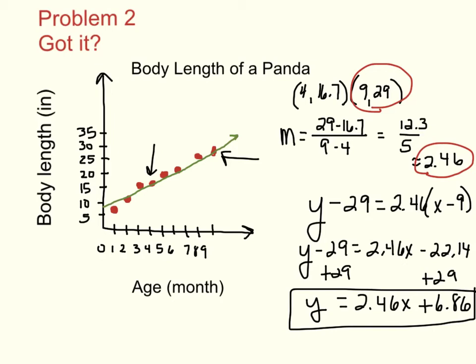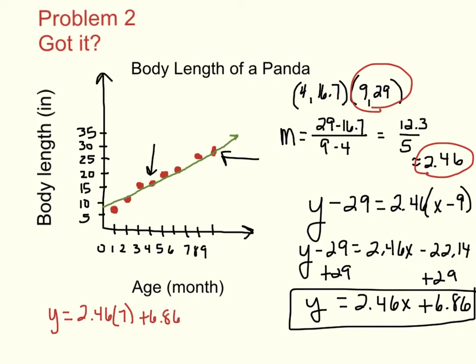The last part then says what is the approximate body length of a 7-month-old panda. So you take the 7, and I'm going to do it down here. Y equals 2.46 times 7 plus 6.86. All you do is use your equation to figure that out.